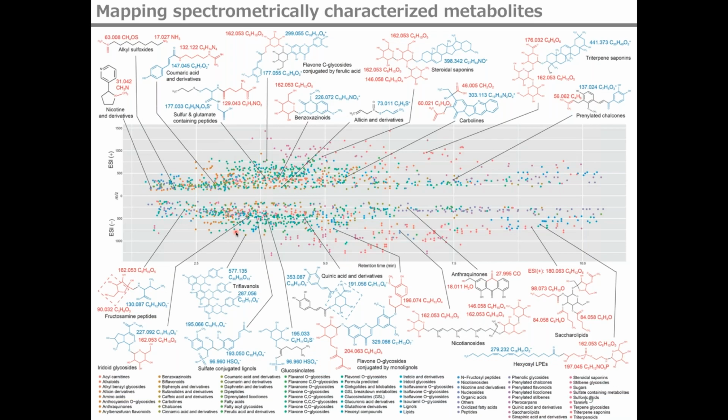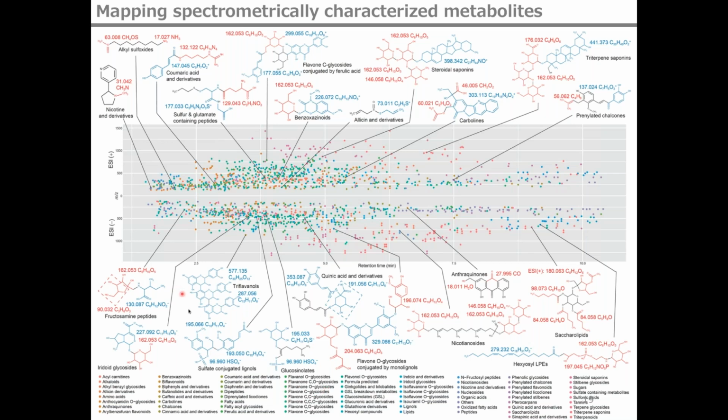And finally, we could create this kind of figure, where the x-axis is the retention time. The upper area of the y-axis shows the m/z value of annotated metabolites in positive ion mode, and the lower area of the y-axis shows the m/z value of characterized metabolites in negative ion mode. The spot color describes the metabolite classes.